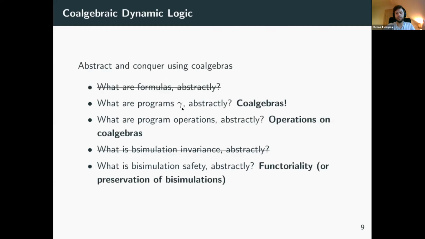So programs in general are coalgebras. That's the abstraction. Program operations are operations on coalgebras. Makes sense, right? And bisimulation safety in this setting is a sort of functoriality or preservation of bisimulation. It is functoriality. We would have to explain it a bit more, but for now, I think preservation of bisimulation is more clear.